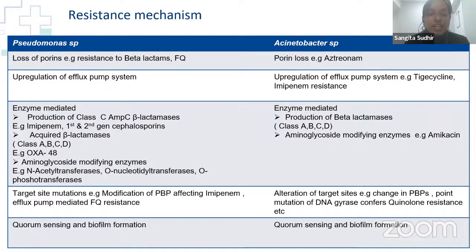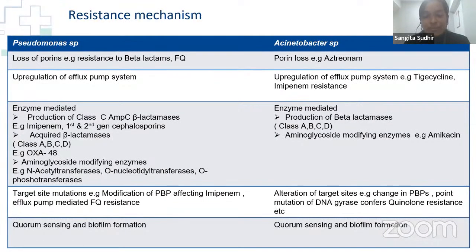And certain acquired beta-lactamases like class A, B, C, D enzymes, there are a lot, not just OXA-48, there are a lot of other strains as well, which are acquired, and therefore their management will be different. In this session we are just discussing the basics, and in the upcoming sessions we will discuss this in more detail.